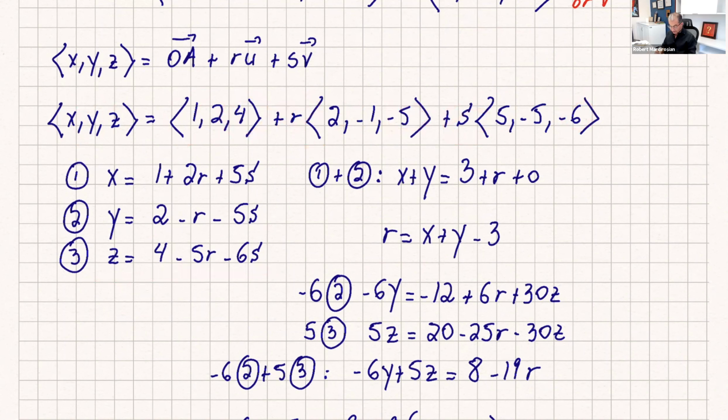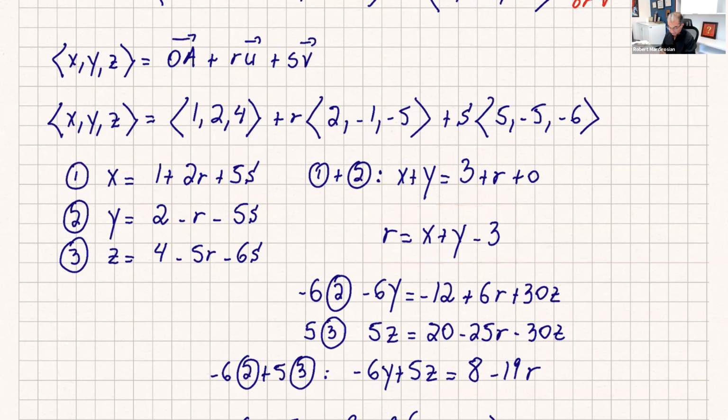You want to have an equation with x and y only. So to solve that, you can add 1 and 2. The left side is going to be x plus y. The right side, 1 plus 2 is 3, 2r minus 2r is 0. Sorry, that should be r terms canceling as shown, and the reason we did that is we want to cancel s's because 5s minus 5s is 0. So you're left with that.